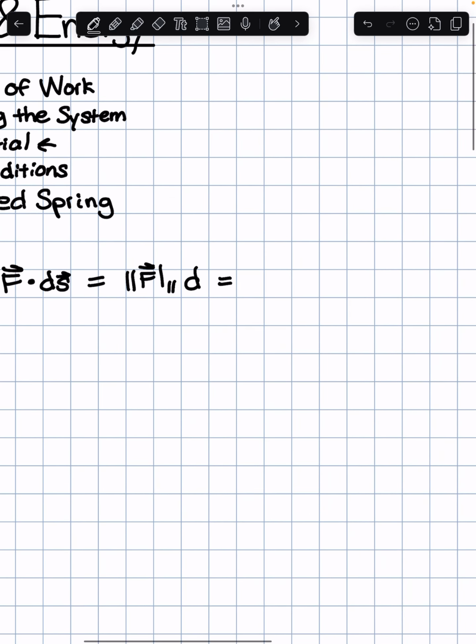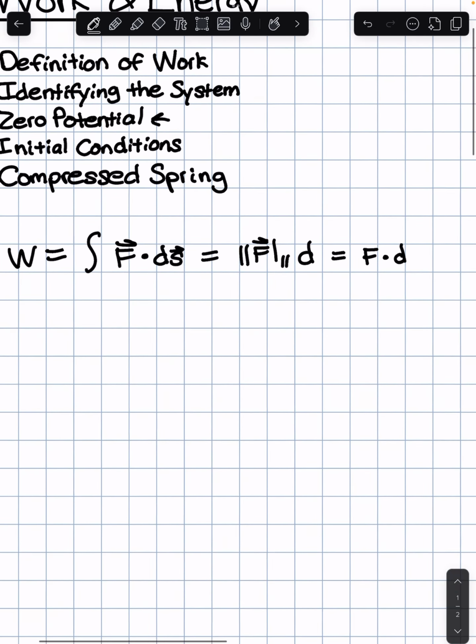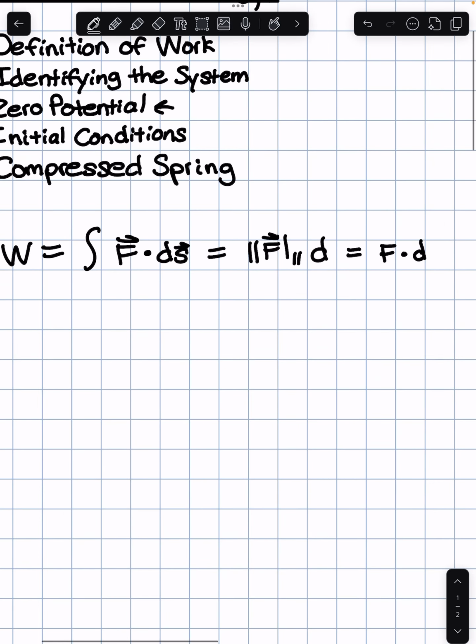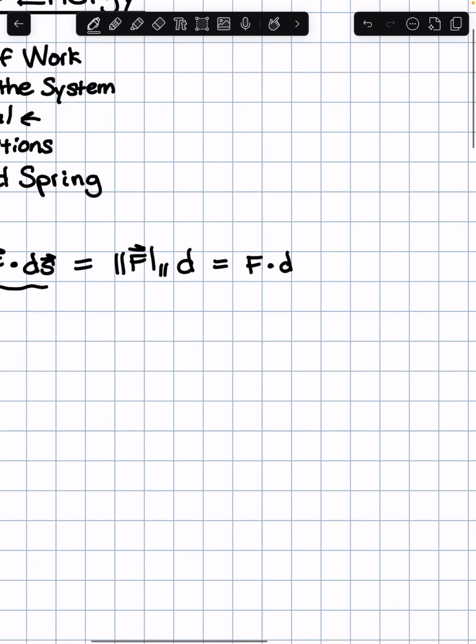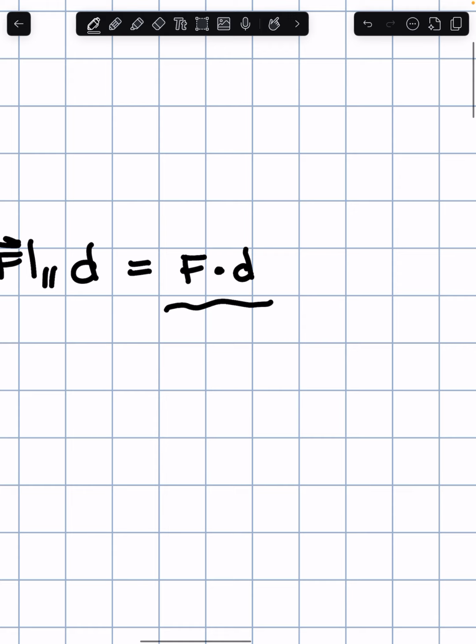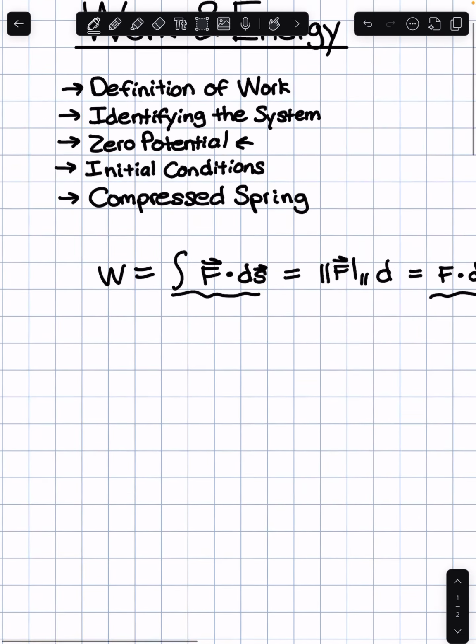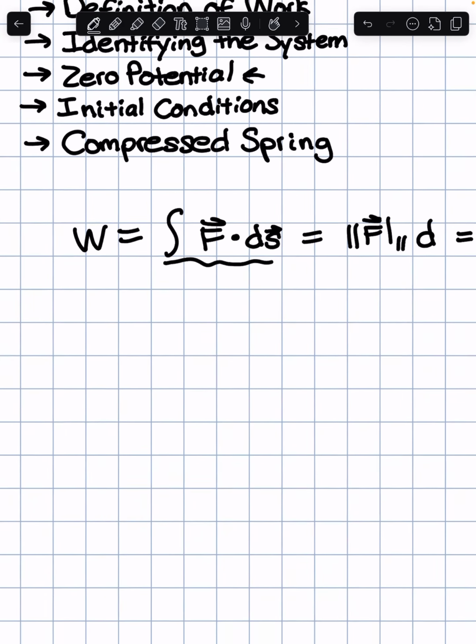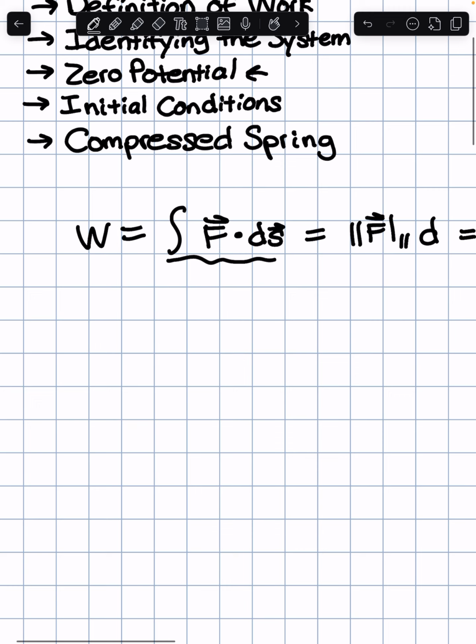Or sometimes written very simply as F dot D. Be very careful with how you use F dot D. This is the pure mathematical version. Sometimes it is simplified to this, but you should always be careful because if you have something like a spring, like the work a spring does, you will write F spring dot ds.